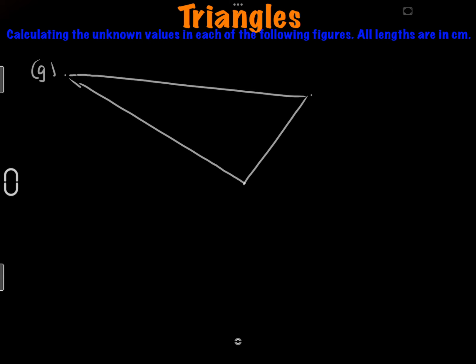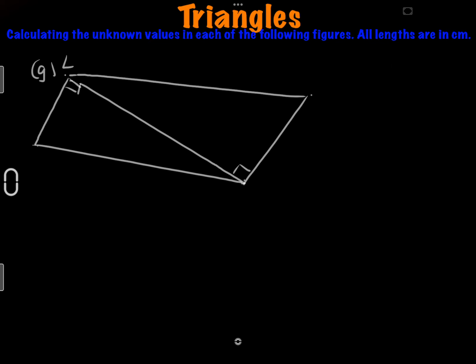And we have another triangle going that way. Okay, we have a triangle. These are right angle triangles, so you can clearly see those.